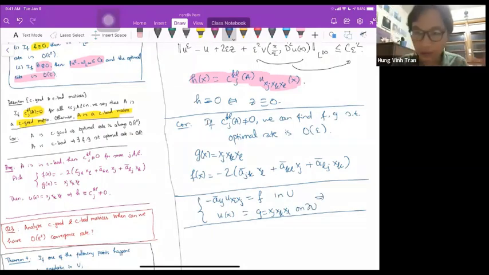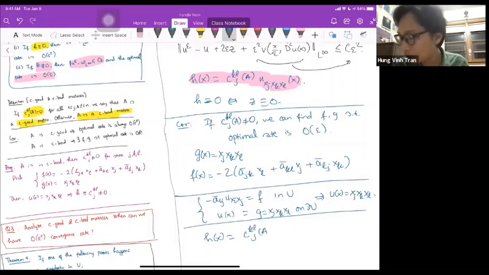We designed it so that U is exactly x_j x_k x_l. And if it's exactly like that, then when you plug in H of x, it equals exactly C_KLJ of A, which is not zero. Okay, and then we are done.